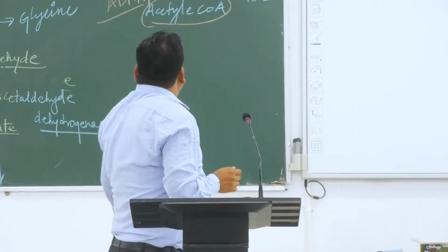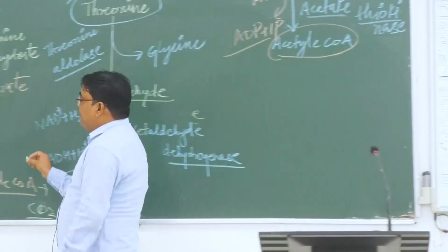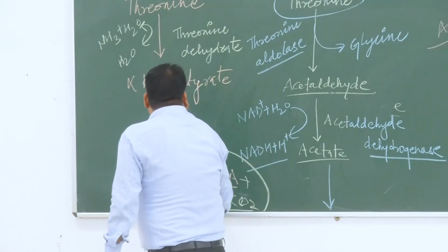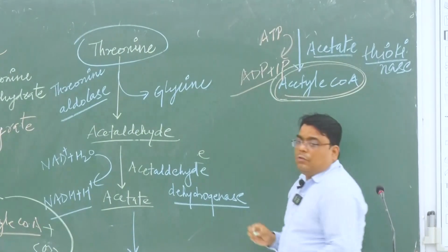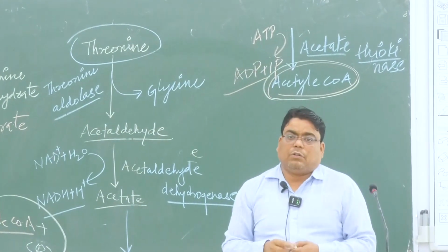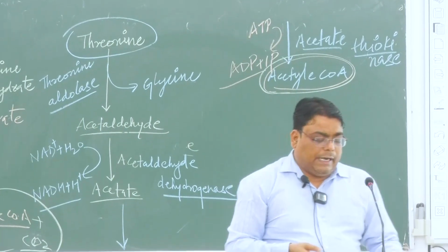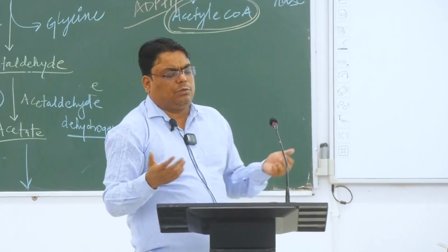So ultimately you will see that it produces an intermediate for the TCA cycle for the generation of acetyl CoA. So ultimately this is a glucogenic amino acid.